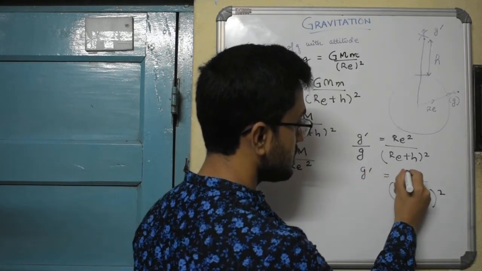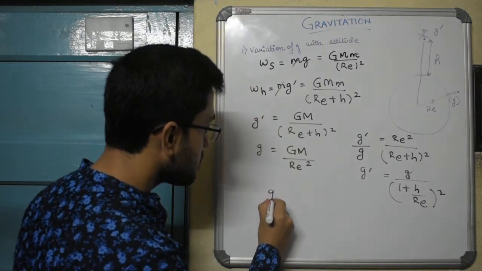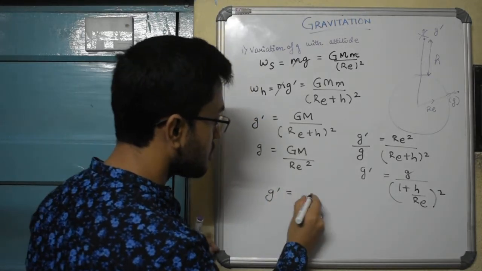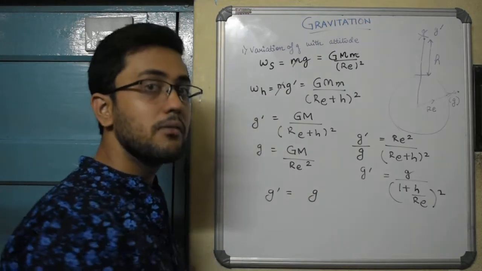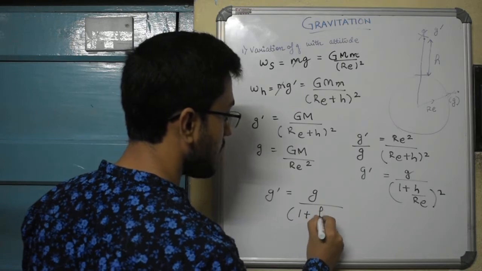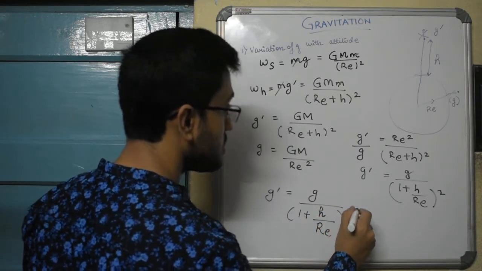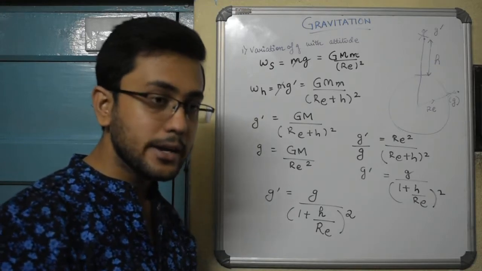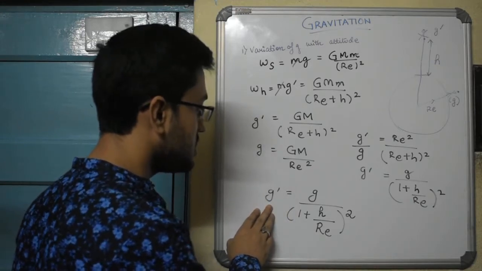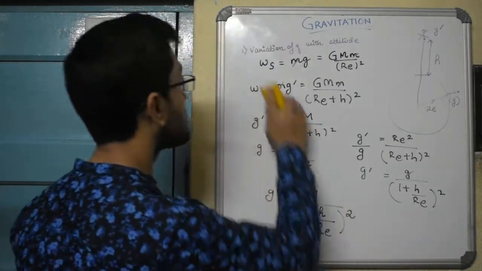Therefore the value of acceleration due to gravity g dash is equal to the value at the surface of earth, g, divided by 1 plus height above the surface of earth divided by radius of earth, whole squared. This is the actual value. How does g dash vary with the altitude above the surface of earth?